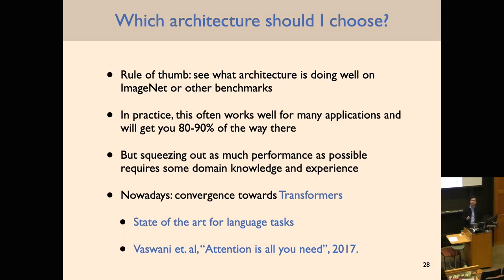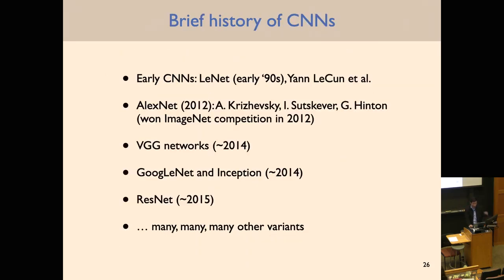I think for computer vision, it's not the case that transformers are necessarily state of the art. There's a bit of a battle. Someone comes up with a transformer architecture for vision, and then someone says, oh, actually convolutions are still useful, and then there's no consensus. But I think what's interesting is that there is a bit of a convergence. On this slide I had a whole bunch of things before 2017.